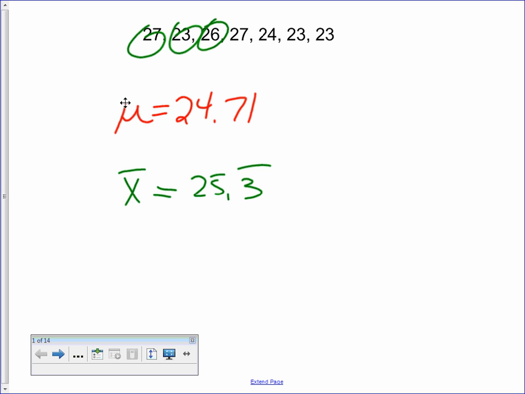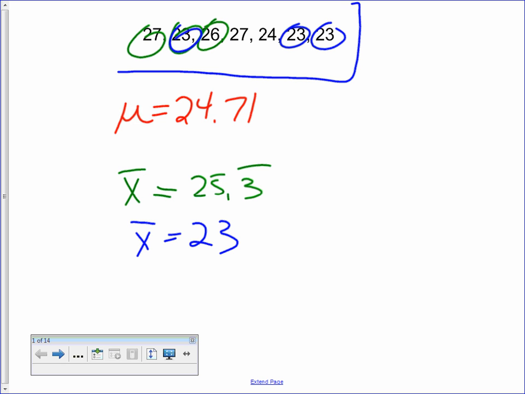It would be 25.3 repeating. Or I could have another random sample of this, this, and this, and I'd get an X bar of 23. So out of this population, there are many different random samples I can take, and the random samples won't always come out to have the same average as the population I was drawing from.